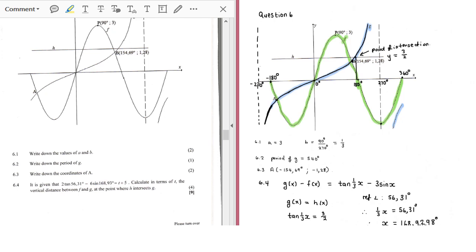To 2 decimal places, that is 168.93, and you can see all of a sudden there is that angle over there.